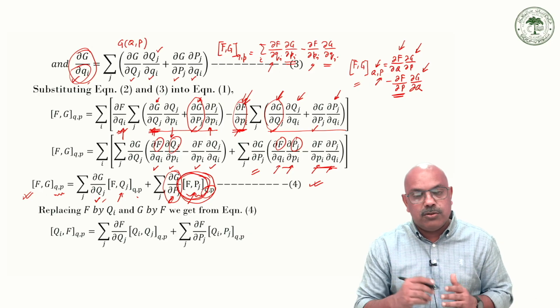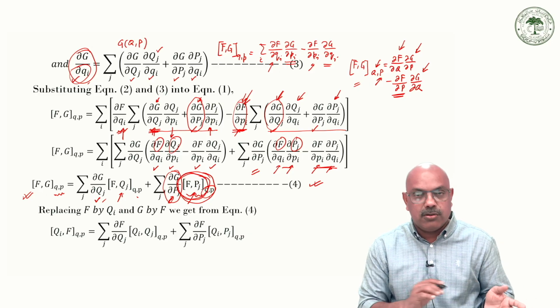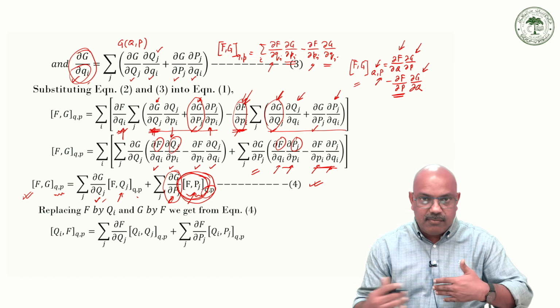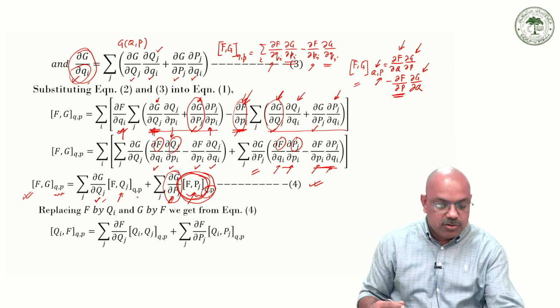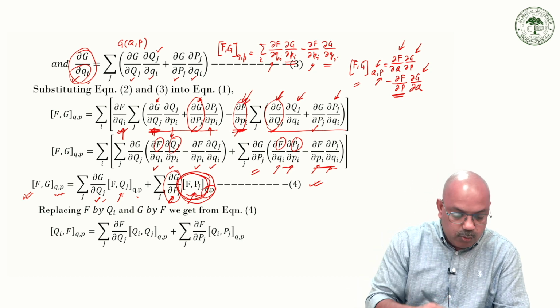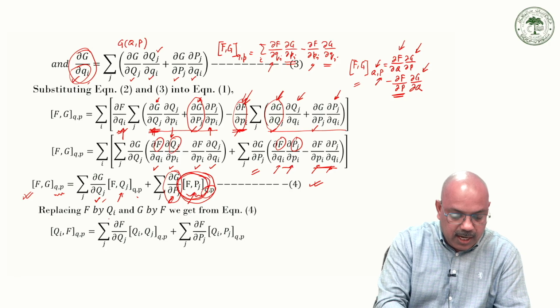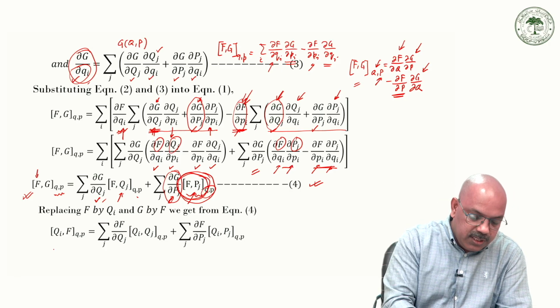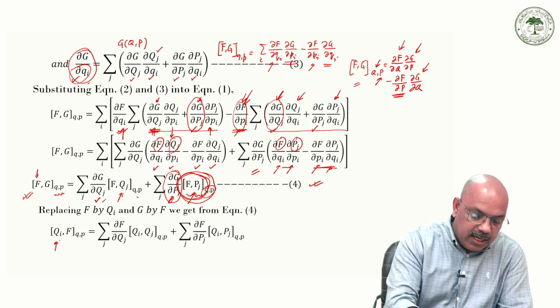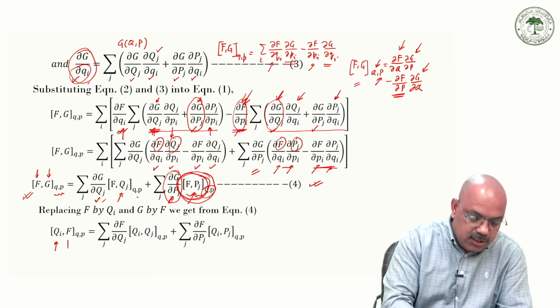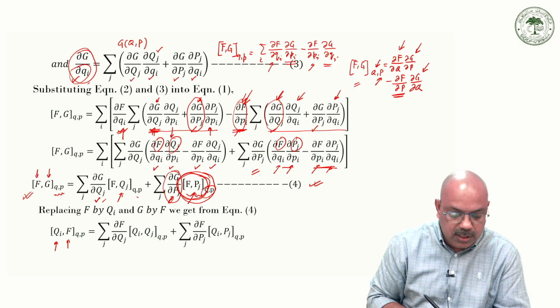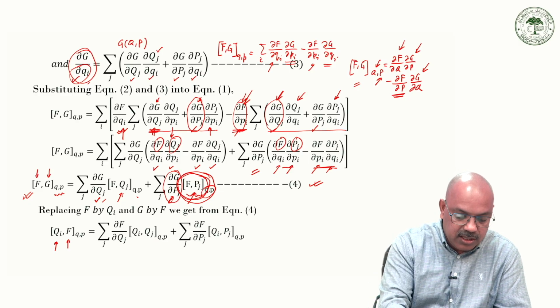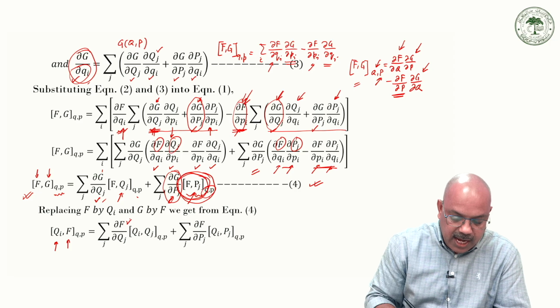So now to find this out, do some mathematical replacements. If I want this f to be replaced by qi, and g to be f, then what I have is that g is replaced by f and f is replaced by q.